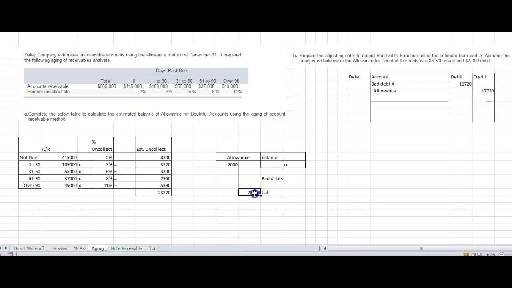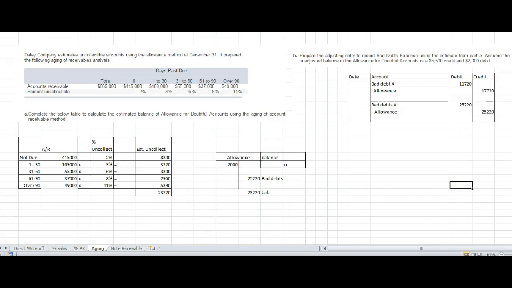So if I need this and I'm in the hole 2,000, I'm going to have to add that 2,000 to that balance to bring it up to what I need. So now my bad debts expense is 25,220, and my allowance gets credited for 25,220. So you can see the difference.